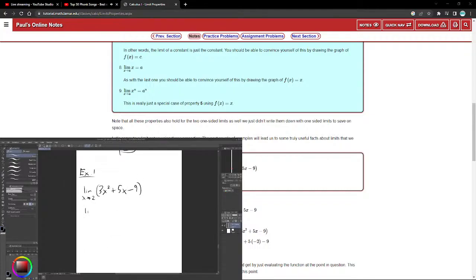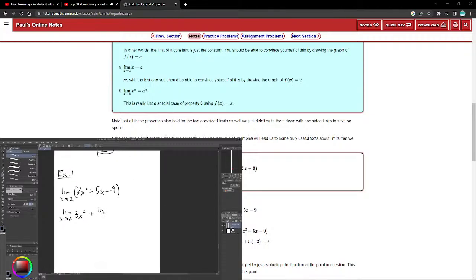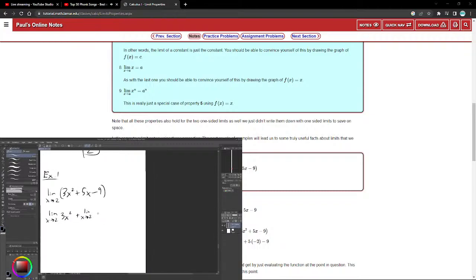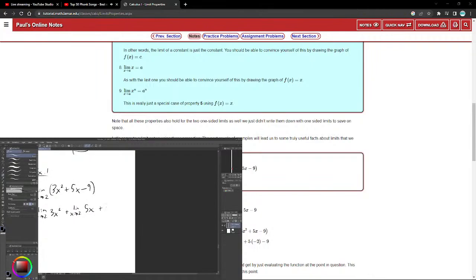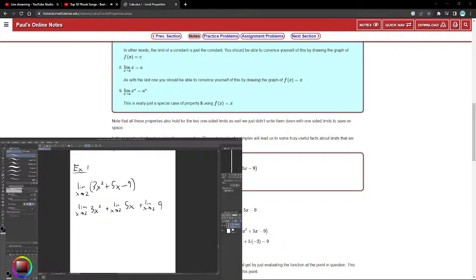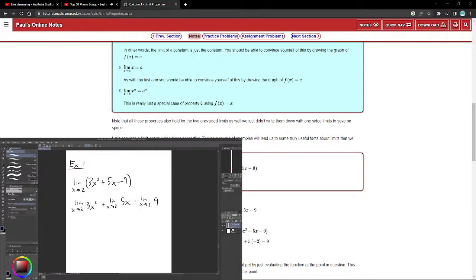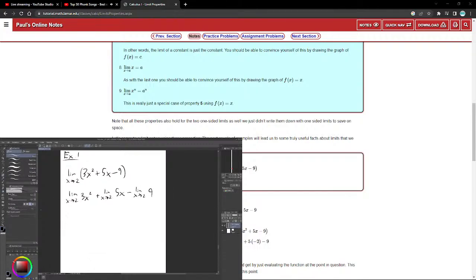So split this up by addition first, I guess. And then, it's got to be negative right here. And then split them up by multiplication.